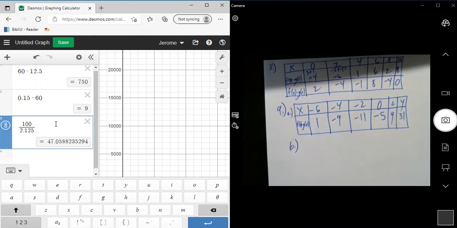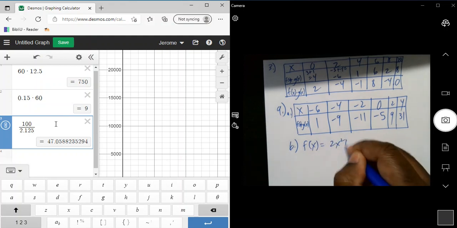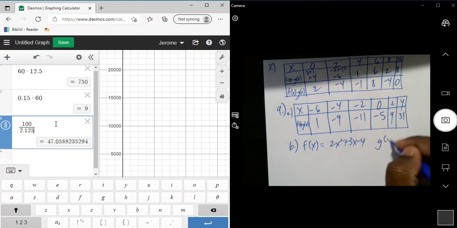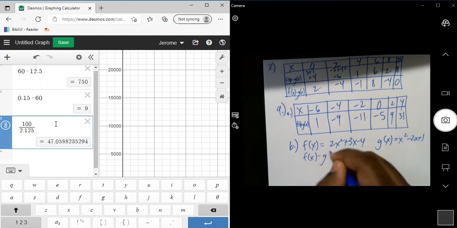With 9B, it says if f of x is equal to 2x squared plus 3x minus 4, and g of x is equal to x squared minus 2x plus 1, determine the algebraic expression for f of x minus g of x. All right.